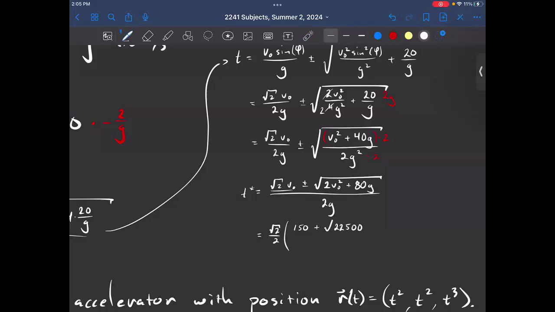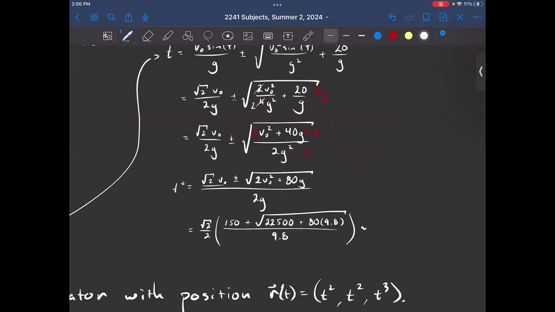Okay. Plus 80 times 9.8. Okay. And then divide by 9.8. All right, so this number should come out to be something around 21.7.